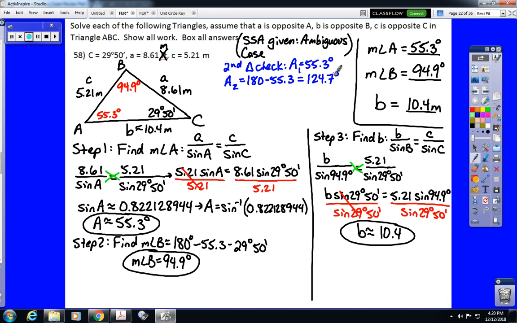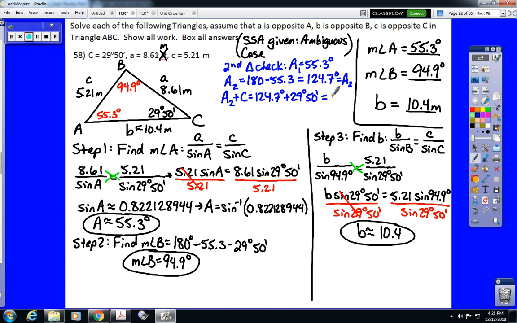So if there is a second triangle, then that second triangle would have an A value of 124.7 degrees. So the way that we check is we add A2 to the other angle we know, angle C, 124.7 degrees plus 29 degrees 50 minutes, and we figure out what that value is.